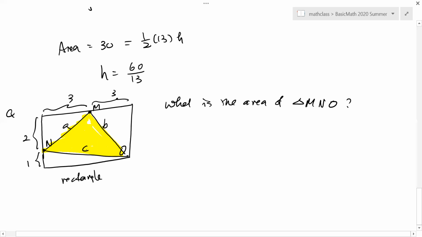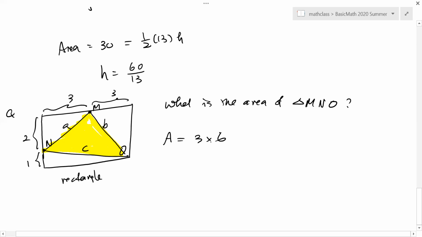So use subtraction, and then you can get the area of the yellow triangle. So the area of this triangle is going to be the area of the rectangle, which is 3 times, I think, 3 times 6.